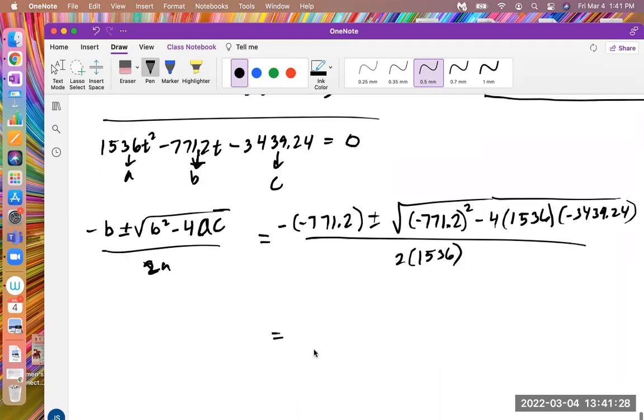All right, and then now we just have to plug this into our calculator and do some calculations.